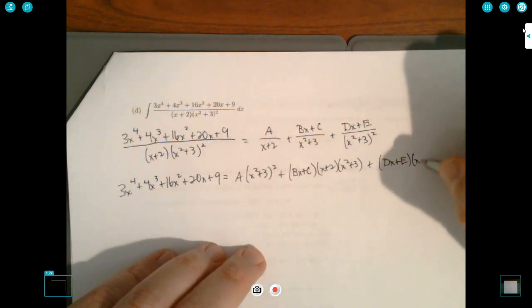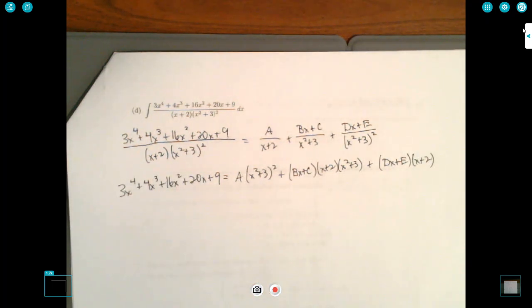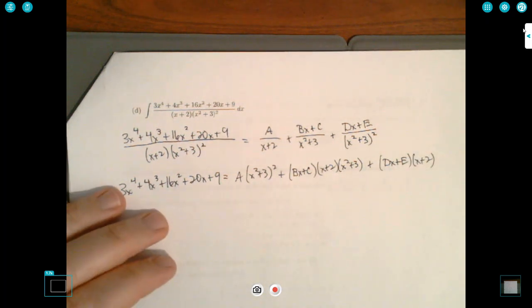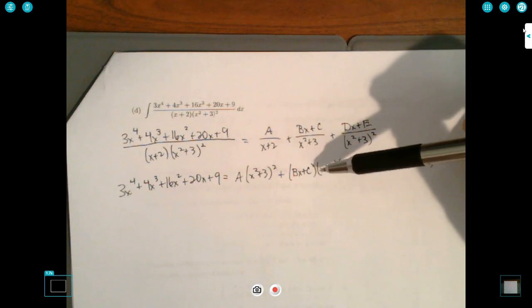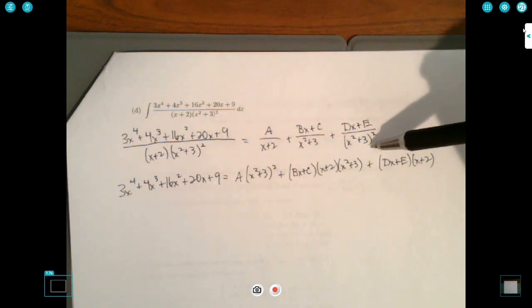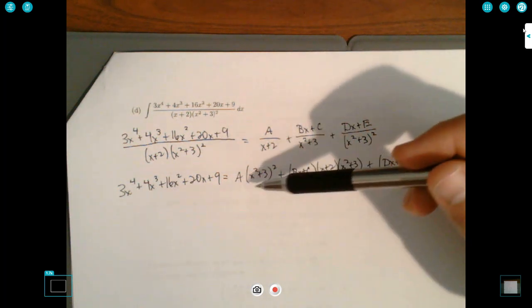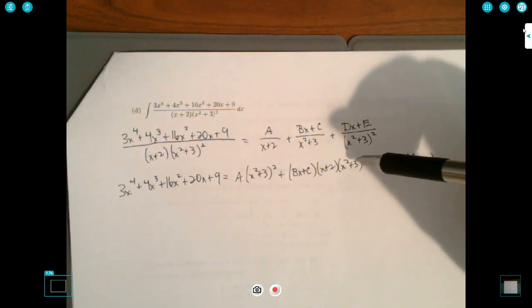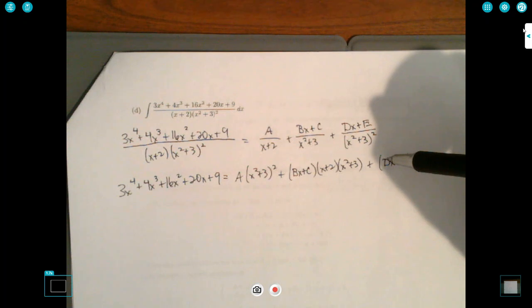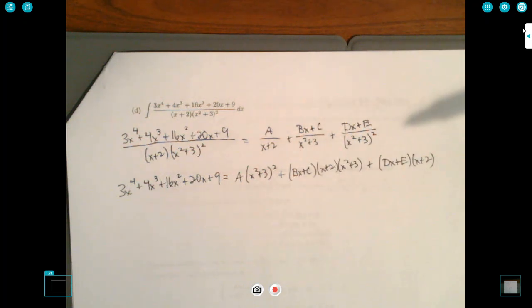And here we'll have an x plus 2. All right. Any chance that we'd be able to solve? Oh yeah, we could let x be negative 2. Then that would be gone. That would be gone. We could solve for A. Anything else we could do? I don't think so, because, well, we could let x be 0. That would at least get rid of B and D.